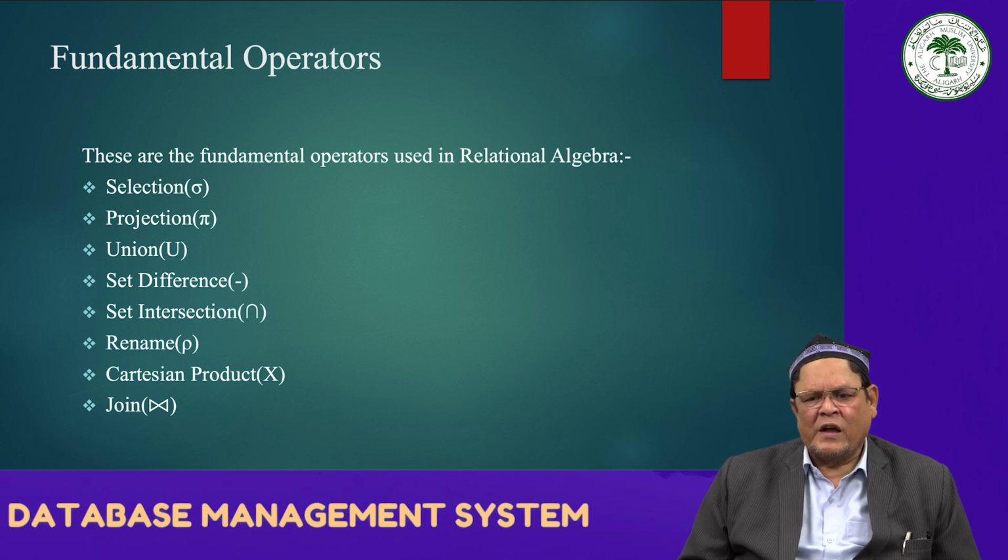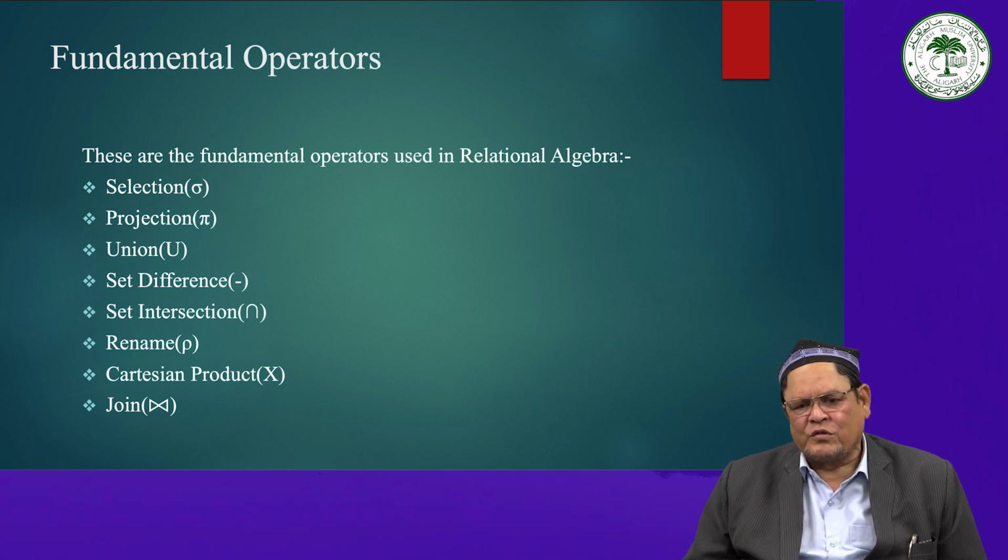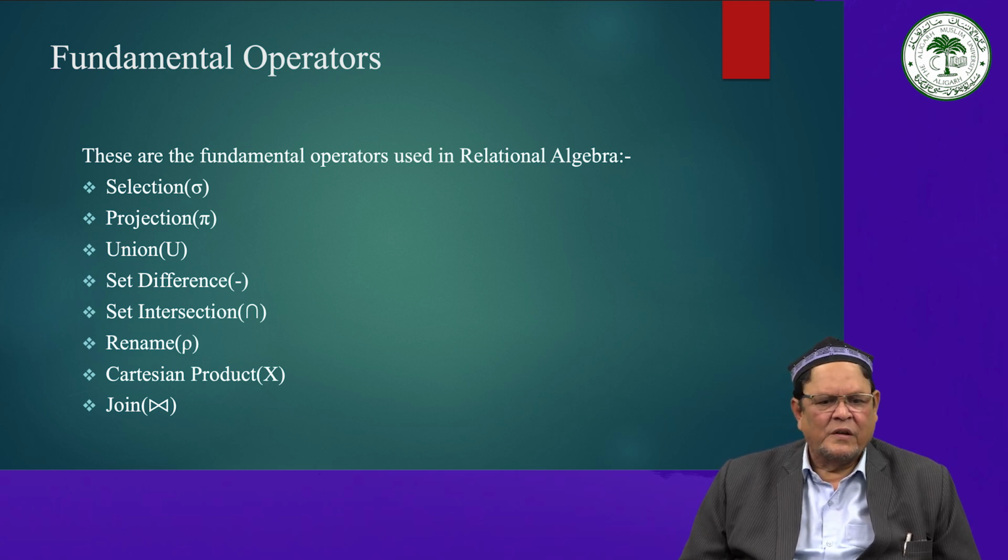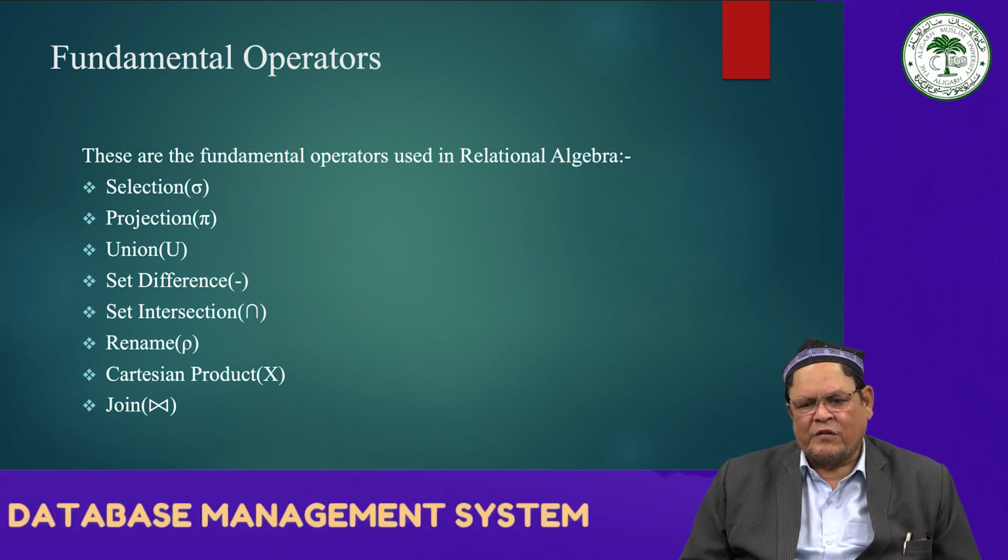It means removing the redundancy, while intersection combines tuples from two relations based on common attributes, facilitating the merging of related data. These fundamental operators enable users to formulate precise queries and perform various operations to extract meaningful information from the database, forming the basis of effective data retrieval and manipulation.